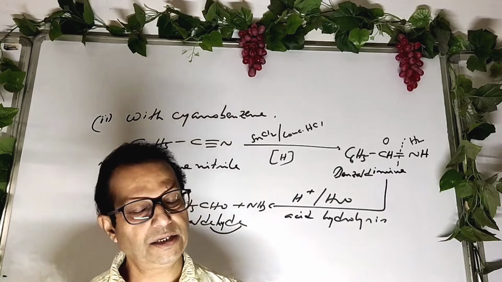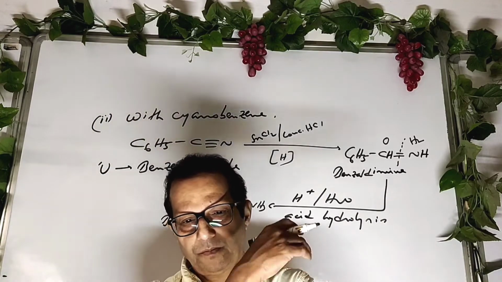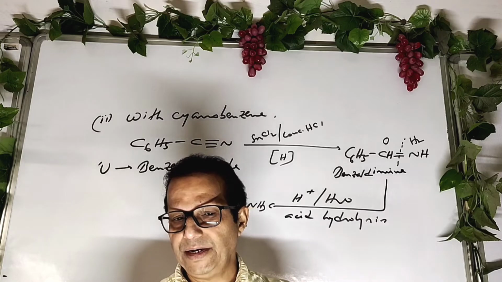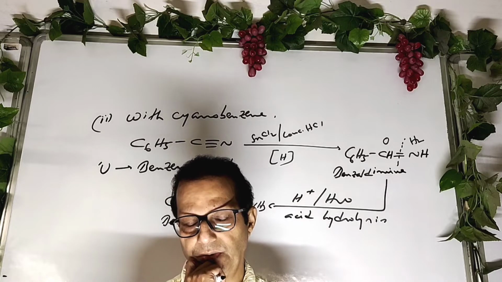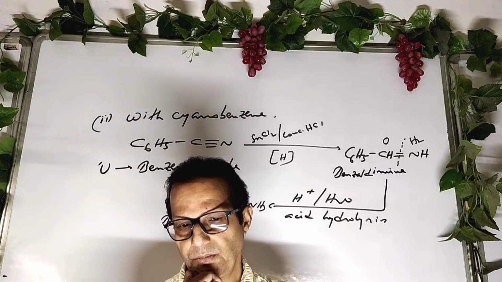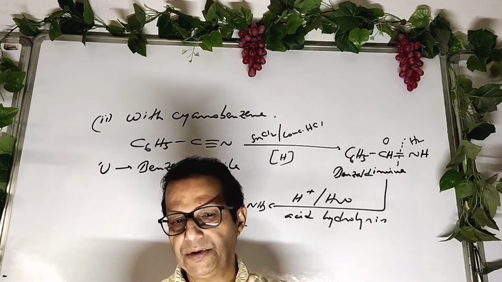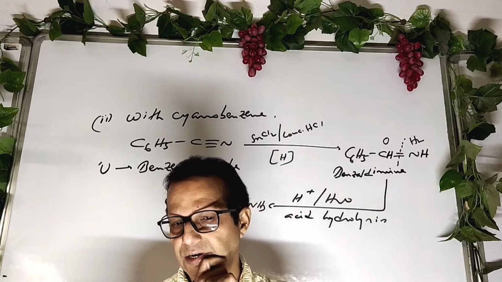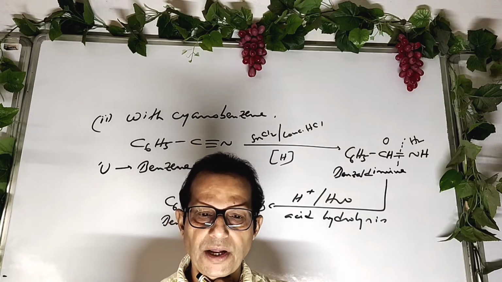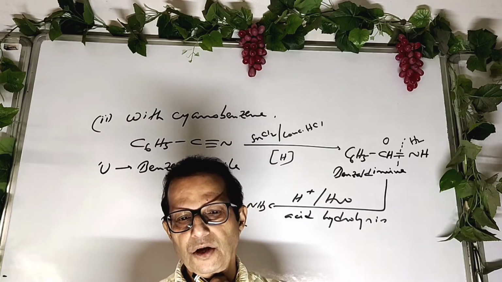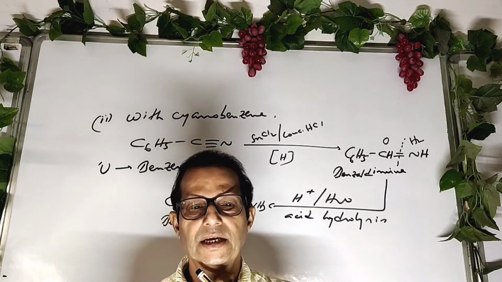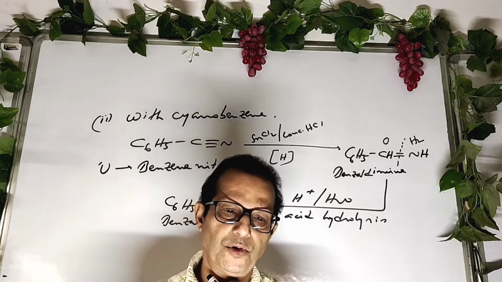So how to write the Stephen reduction? When aliphatic or aromatic cyano compounds undergo reduction in presence of tin dichloride and concentrated hydrochloric acid, imine is formed as intermediate, which on acid hydrolysis gives aldehydes and ammonia as byproduct.